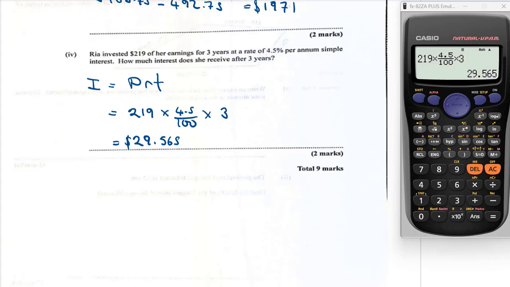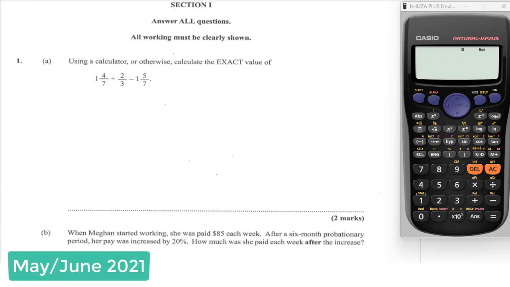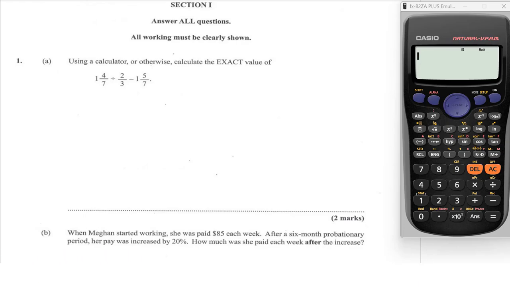So she earned $29.565 in interest. So in this question it says, using a calculator or otherwise, calculate the exact value of 1 and 4 over 7 divided by 2 over 3 minus 1 and 5 over 7.